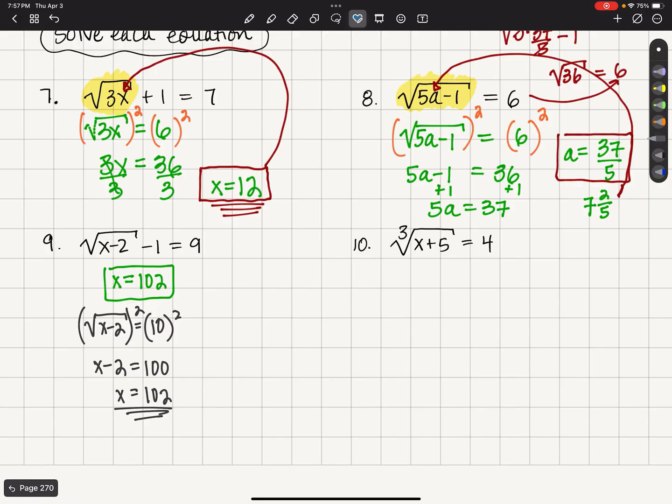Okay, number 10, number 11, 12, those have different indexes. But the same process works. I'm going to isolate this radical. It's already isolated. So I'm going to write the cubed root of x plus 5 equals 4.